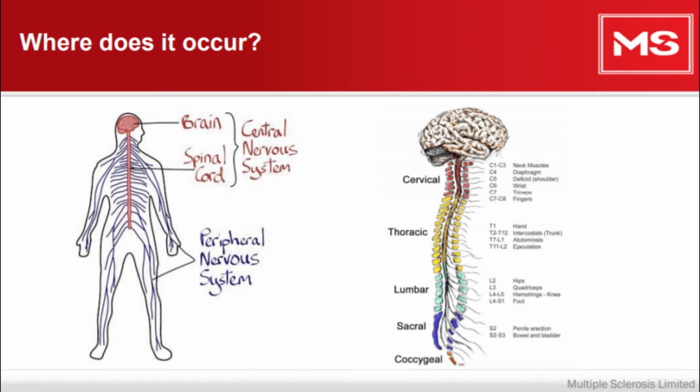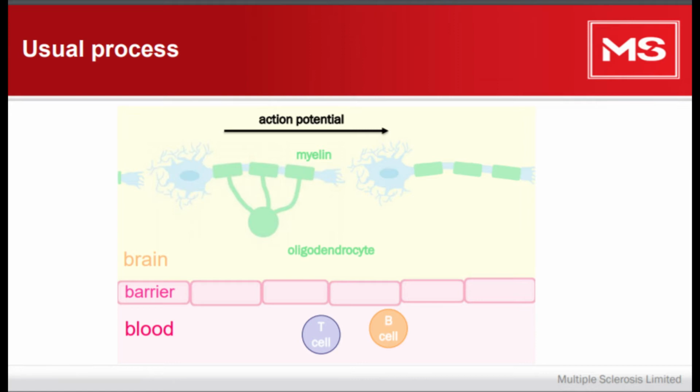Now, a little bit technical here in terms of the actual disease process or the pathophysiology which is going on with MS. So this blue area here in the brain, so this is the brain area. This blue area here is called a neuron, and the neurons are the predominant cells, nerve cells in the brain. This green here is the fatty tissue called the myelin. And then we've got a barrier of tight cells here and our blood here with some immune cells, T cells and B cells. And what happens in MS is that it's an inflammatory demyelinating condition.